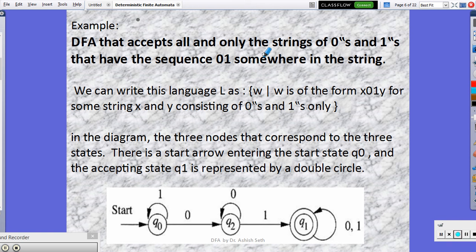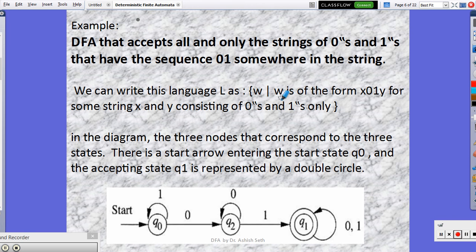It accepts only the strings of 0 and 1 that have the sequence 0 1 somewhere in the string. The meaning of this is that we have to design one DFA that can accept all the strings that consist of 0 1 only, and it has 0 1 somewhere in the string.